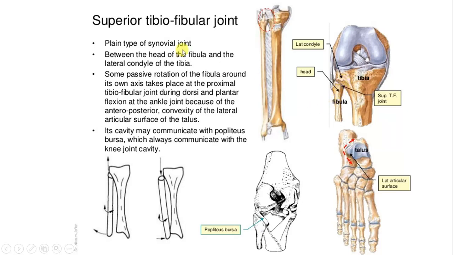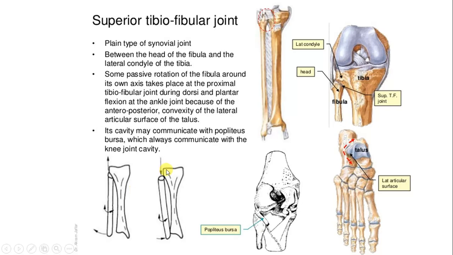Now we see what type of joint it is. It looks like a plane joint, and it is a synovial joint. It means certain types of movements will occur in this joint between the head of the fibula and the lateral condyle of the tibia: some passive rotation around its axis.